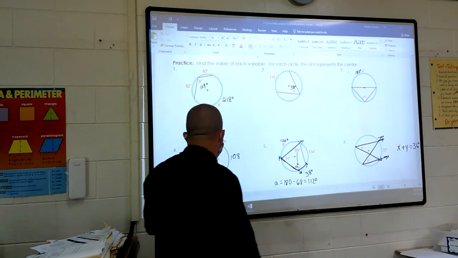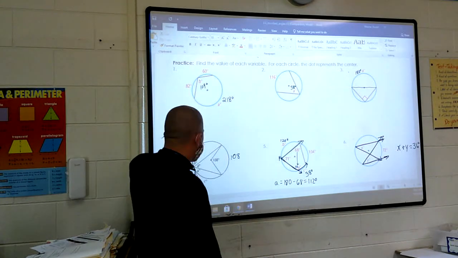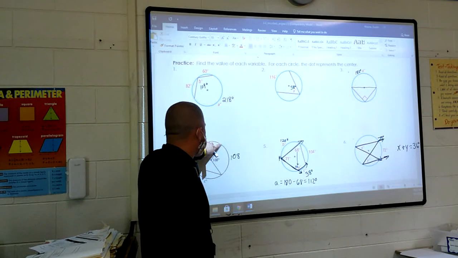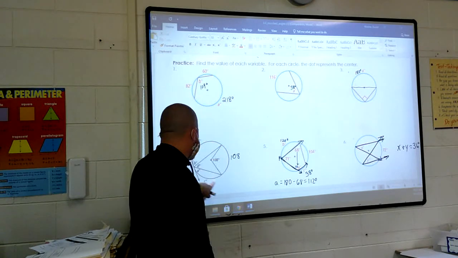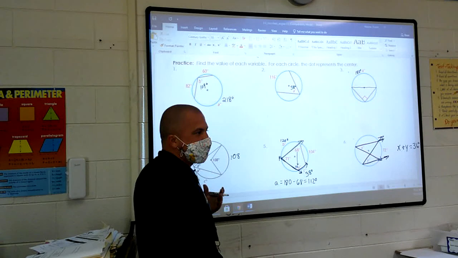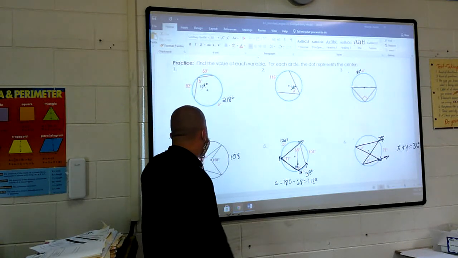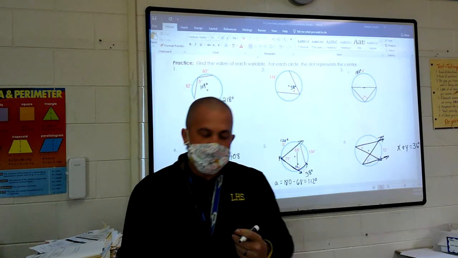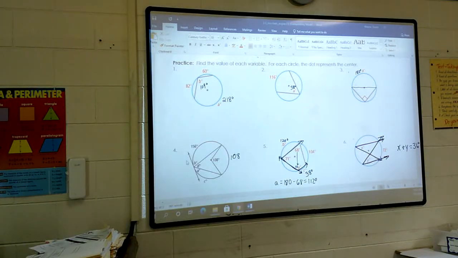If we know 156 is this arc and 108 is this arc, then we can find the missing arc. I like to get the outside first if I can. So 156 and 108 is 264, and you're going to subtract that from 360.